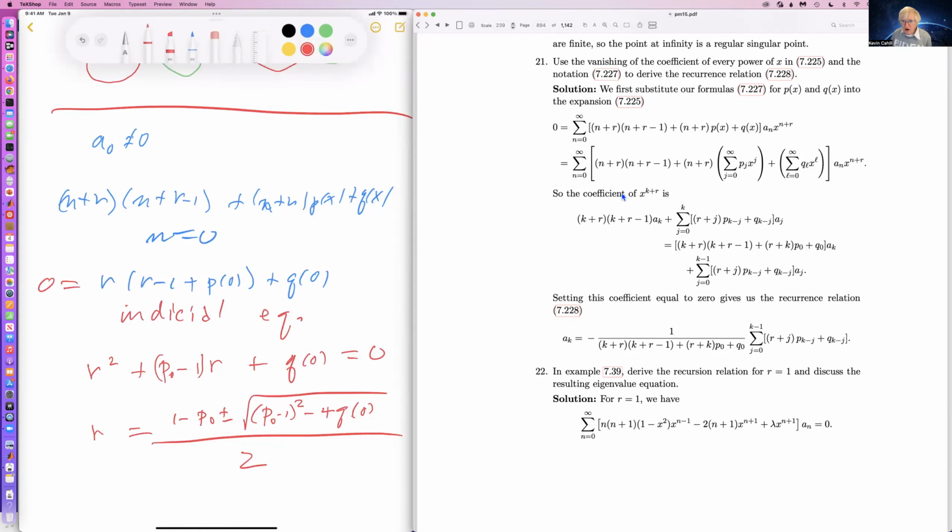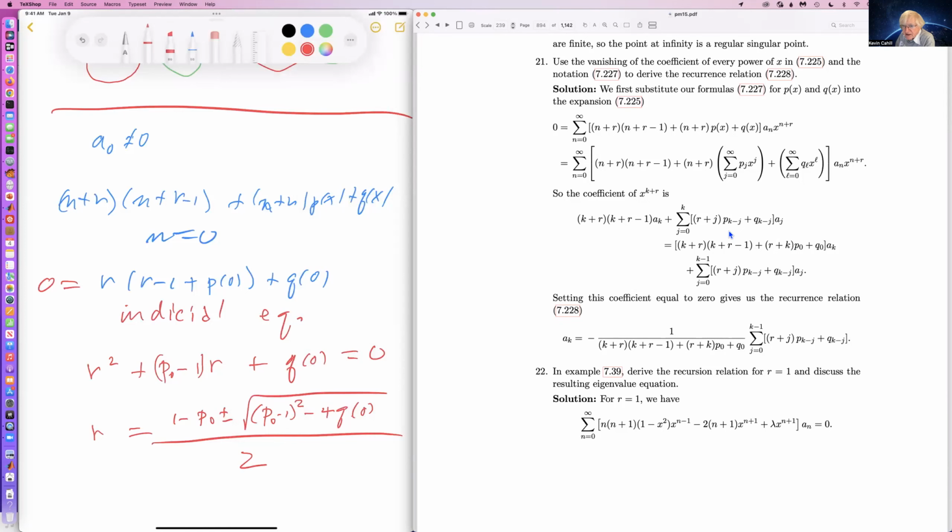And so we want the coefficient of x to the k plus r. And that coefficient then turns out to be, so in this sum, we set n equal to k.